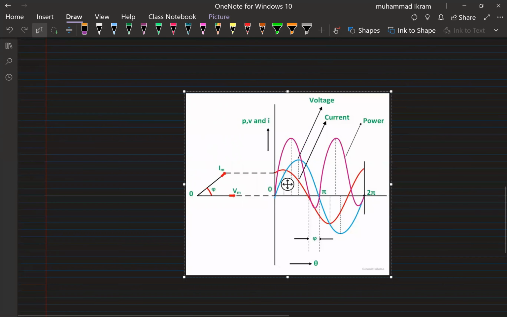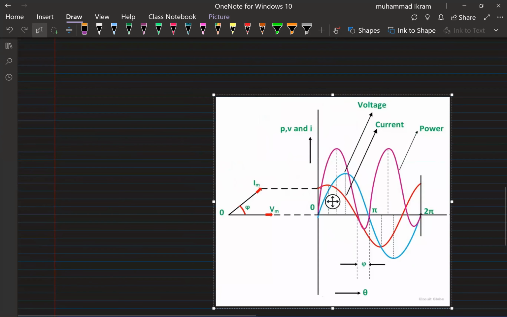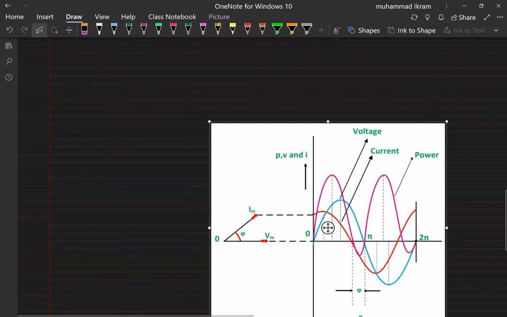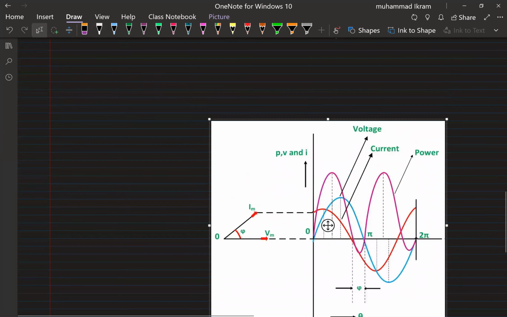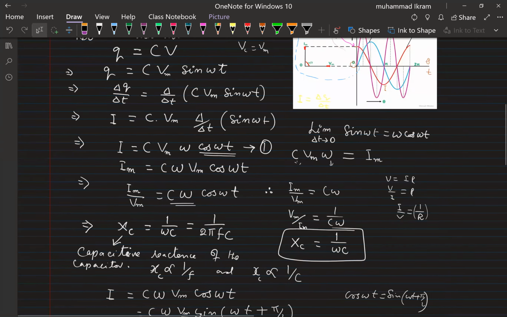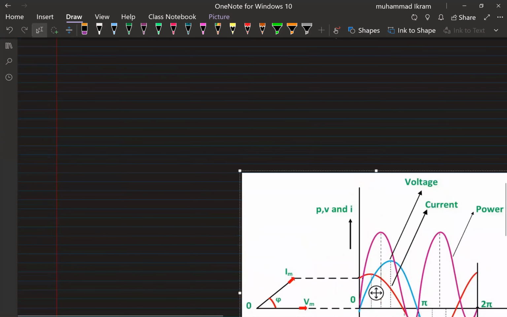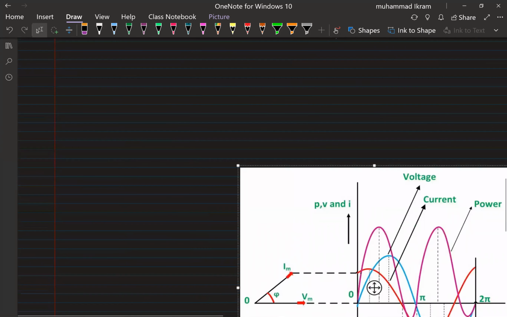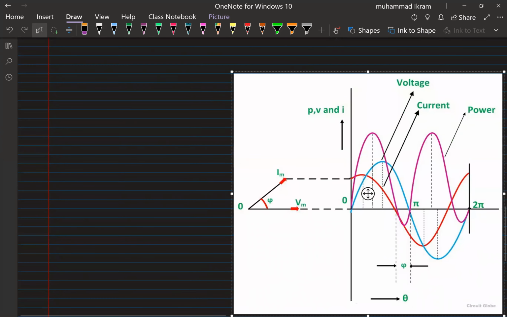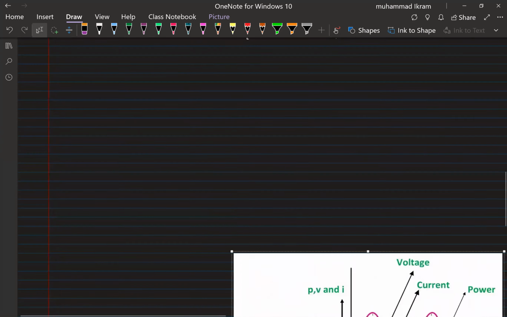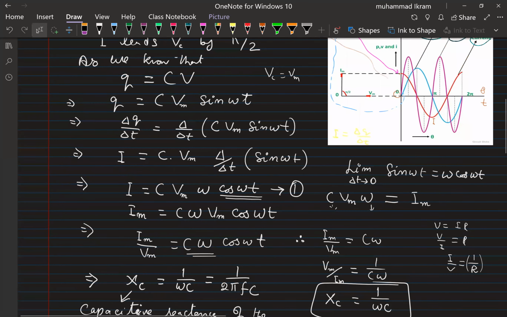I will read. Okay, this diagram is no more required.